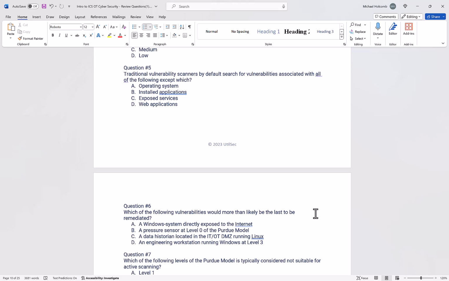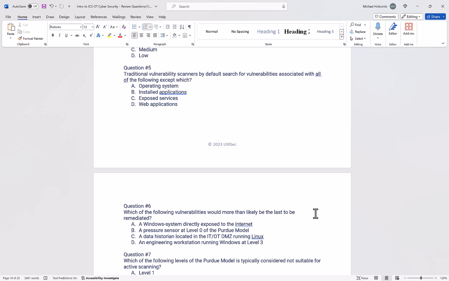They usually will have add-ons or plugins that you can pay for to do more in-depth types of web application scanning. So by default, with a basic or normal IT vulnerability scanner, we're only checking the operating system for vulnerabilities, the installed applications and software, and then any remotely exposed services on those hosts.